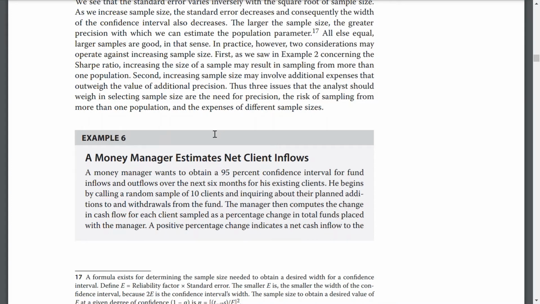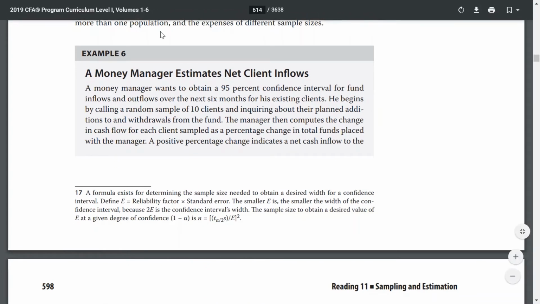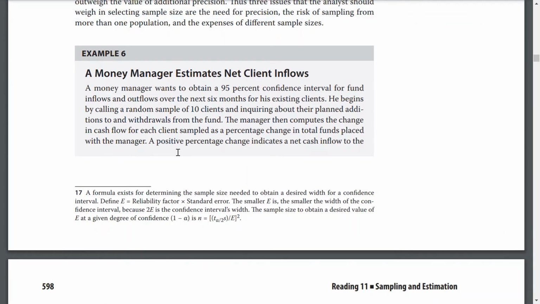Example 6, a money manager estimates net client inflows. A money manager who wants to obtain a 95% confidence interval for fund inflows and outflows over the next 6 months from his existing clients begins by calling a random sample of 10 clients and inquiring about their planned additions to or withdrawals from the fund.